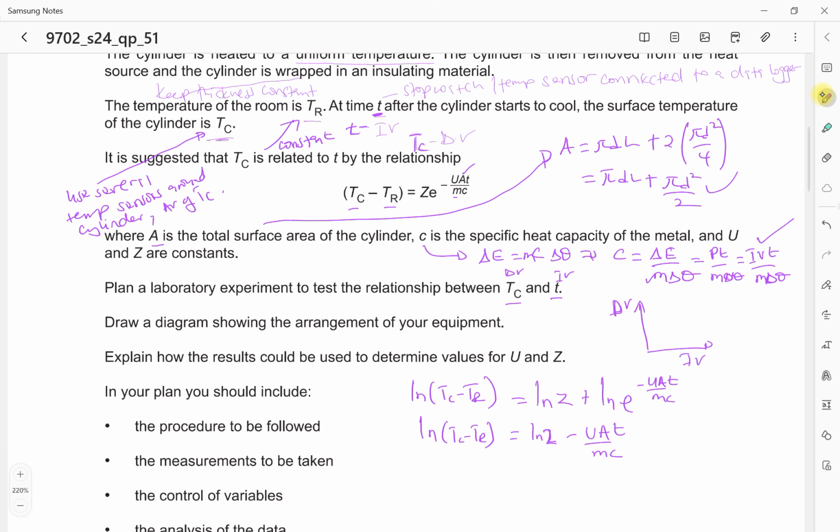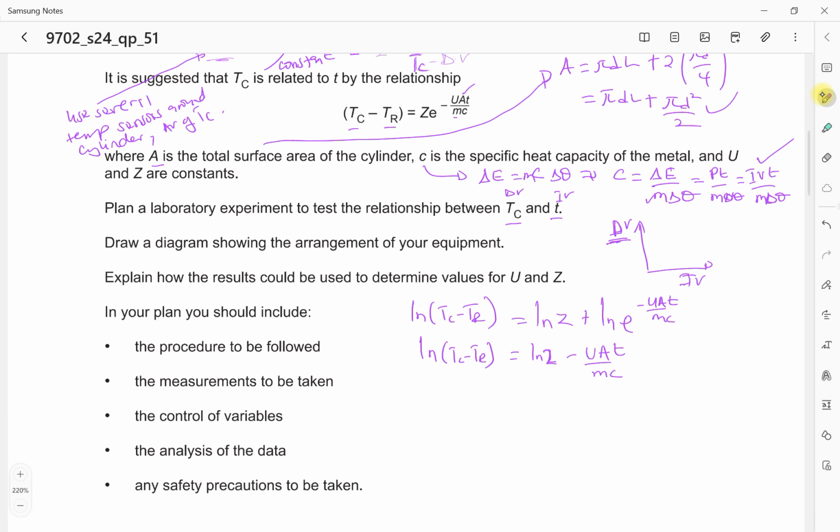Remember, I have to plot a graph of the dependent variable, or something related to the dependent variable, which is ln of Tc minus Tr, against the independent variable, or something related to the independent variable, which is t. So I will plot a graph.